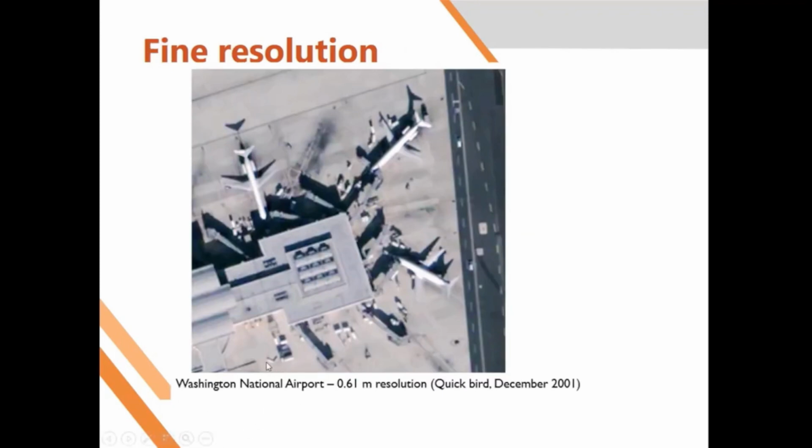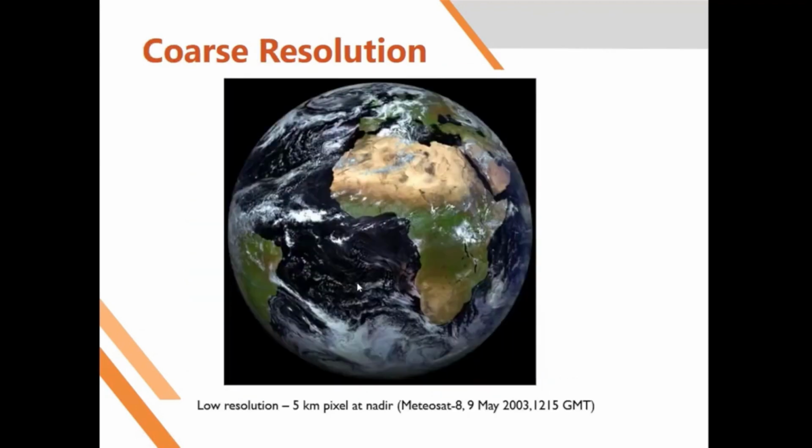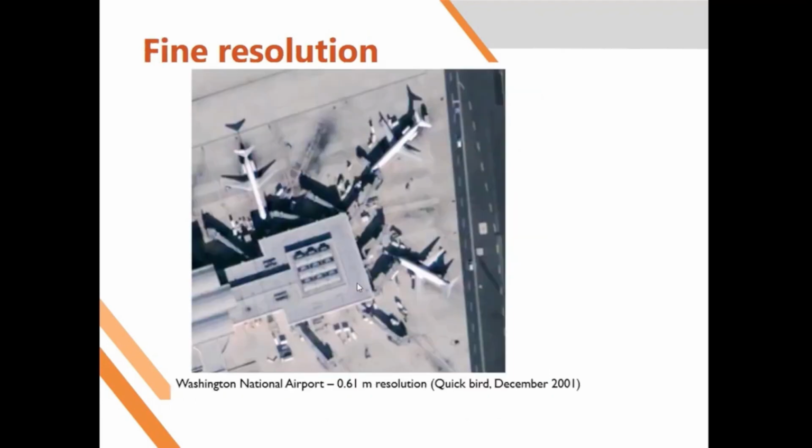This is Washington National Airport, at 0.61 meter resolution. This is a QuickBird image that was taken in December 2001. As you can see, this is a very fine image. So that is the spatial resolution: we can have a coarse spatial resolution like this, and also a fine spatial resolution.